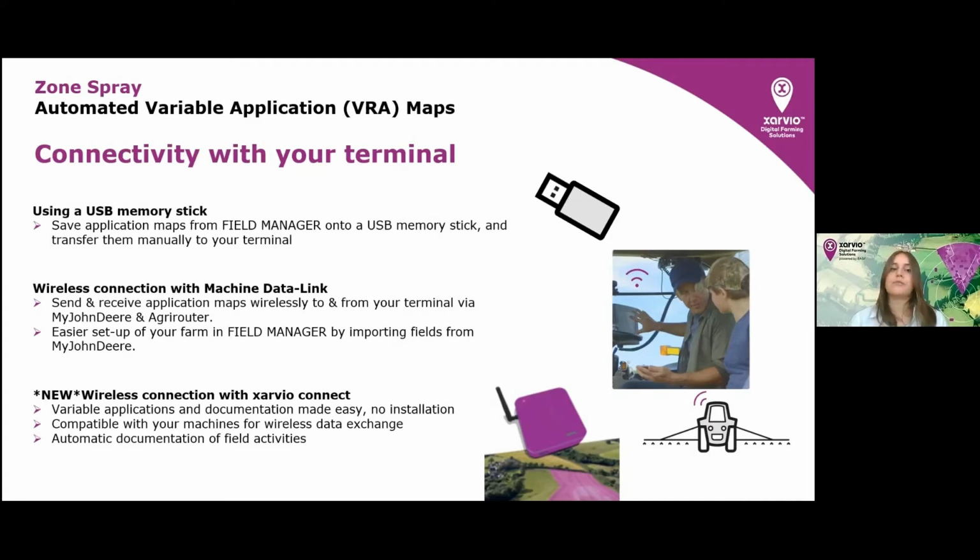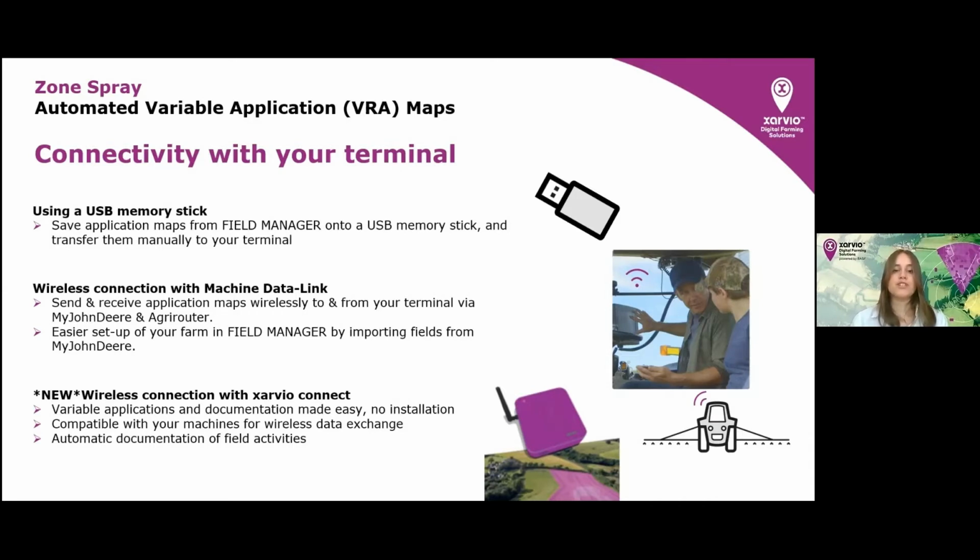Alternatively, we are connected through Imagery Router, and that's a third party which works very similarly. So it will wirelessly transfer your maps from your computer straight to your terminal. Something that's new coming out in the future from xarvio is its new xarvio Connect. So this is a little purple box, as you see on my screen, that you connect to your terminal and works as like a black box sort of thing.